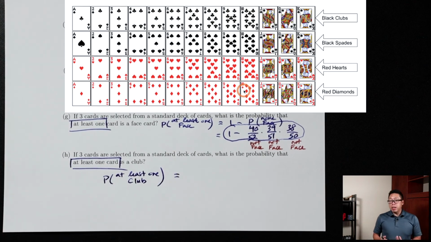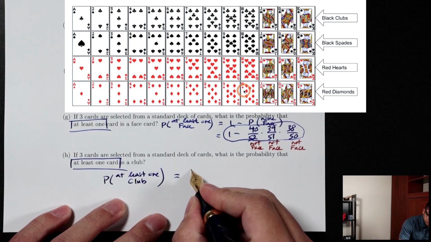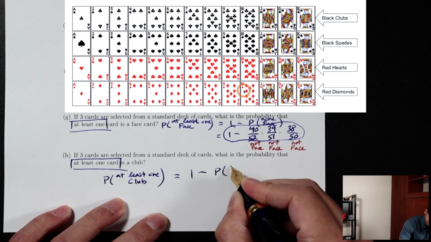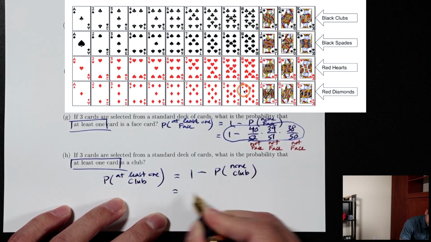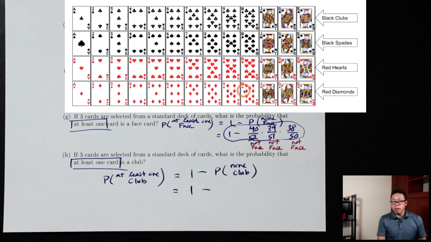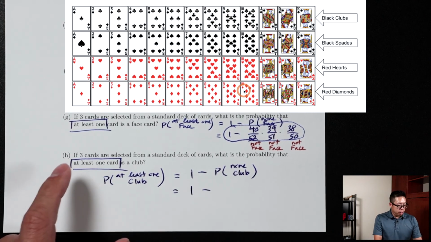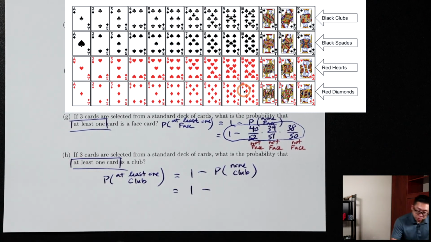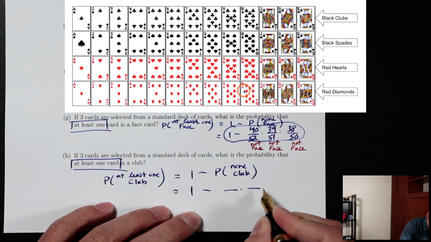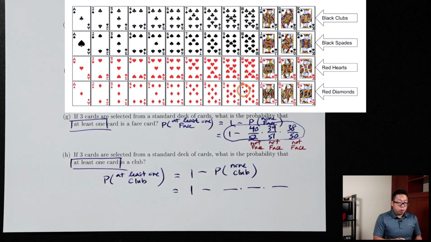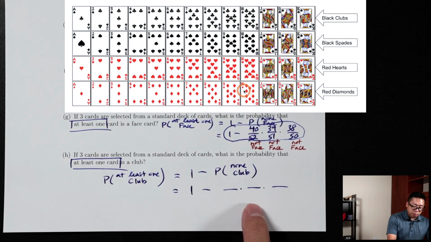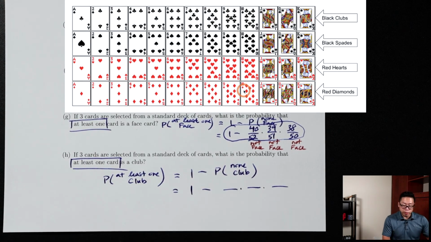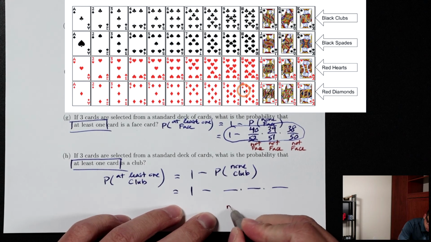The way we calculate at least ones is 1 minus none. So 1 minus, how many fractions do I need here? Talking about 3 cards, so 3 fractions. None of them club would mean not club, not club, not club. So all 3 will be not club.